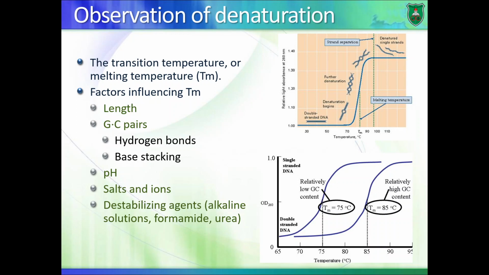Salts and ions. Well, what do you think? What do you think of the effect of salts and ions on the melting temperature? Would the melting temperature increase or decrease? Well, think about it for a second.